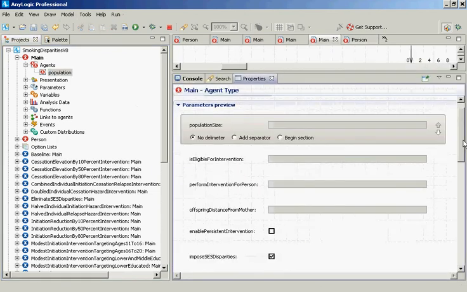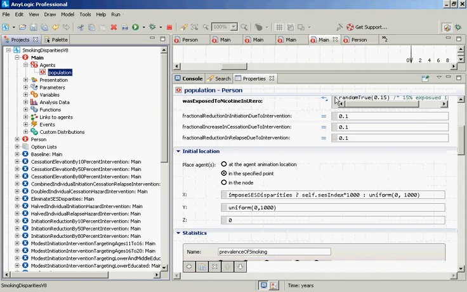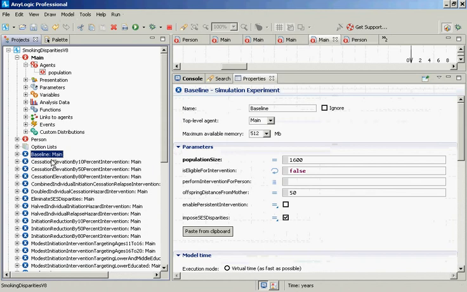And this actually specifies information to assume about what sex they are, for example, with a certain 50% probability they're female, otherwise they're male. We're starting everyone in a never smoking category, for example. We're setting 15% of them to have been exposed to nicotine in utero. Okay? So we're creating this population, and this population is depicted here at a high level.